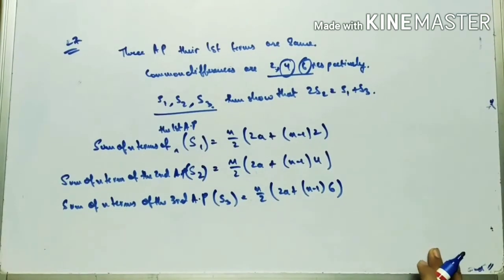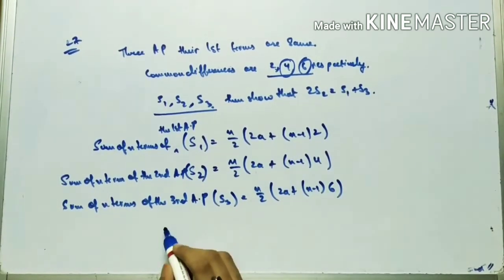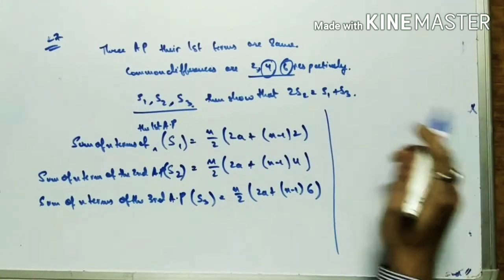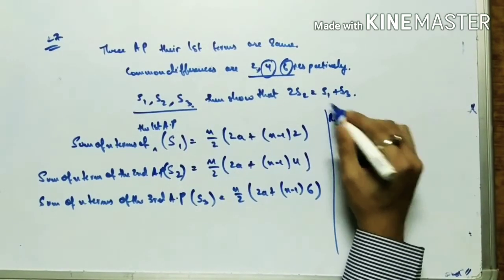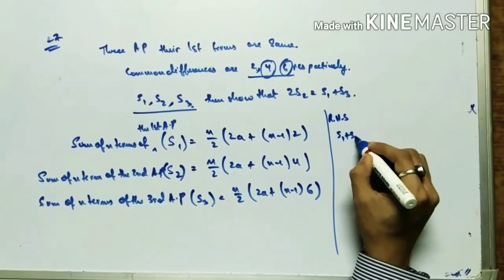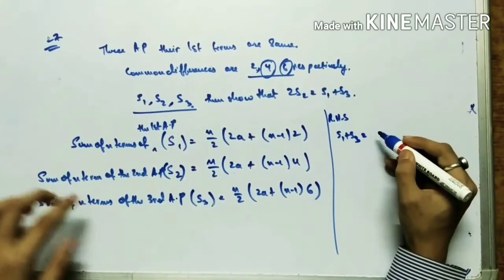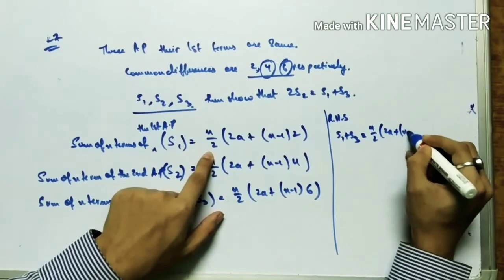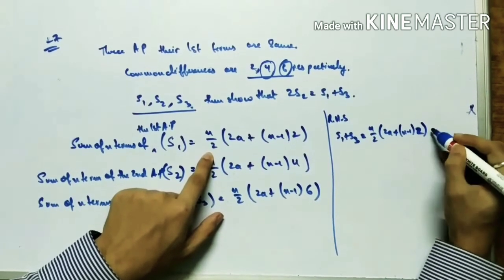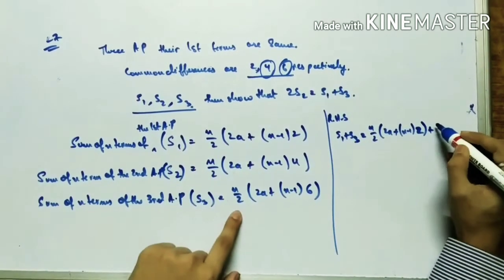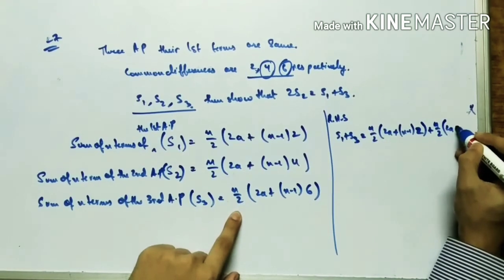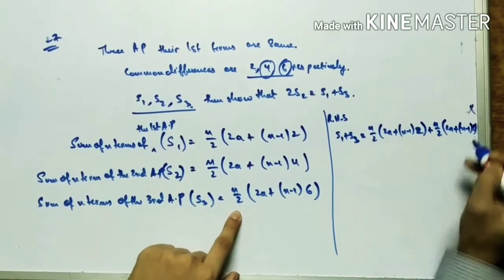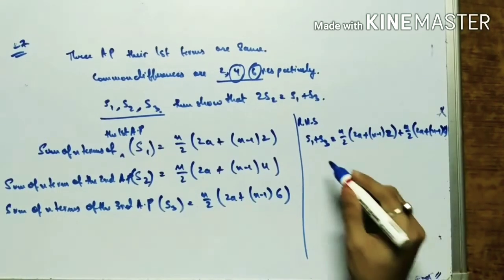Okay, so now what I will do, I will take the RHS. RHS, what is given? S1 plus S3. So S1 is this one, n by 2 into twice a plus n minus 1 into 2, and S3 is this one, n by 2 into twice a plus n minus 1 into 6.